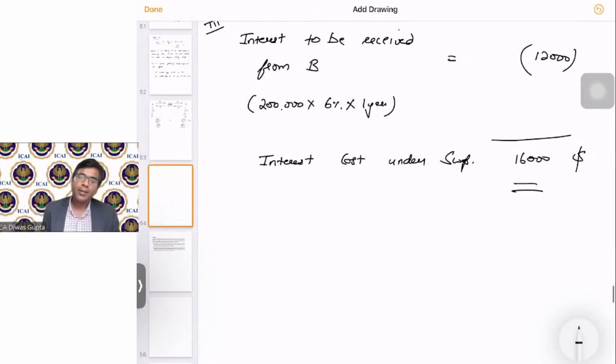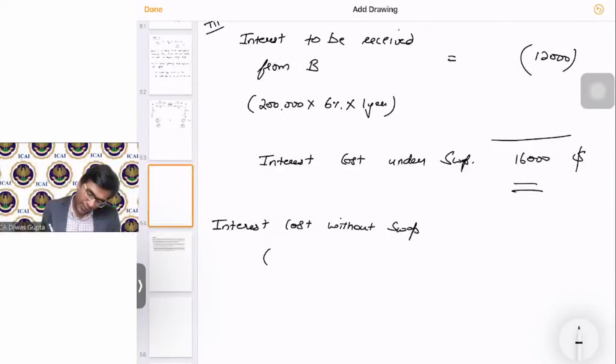What if the swap is not entered? Then without swap, $2 lakh would have been borrowed, and it would have been borrowed using the dollar rate.